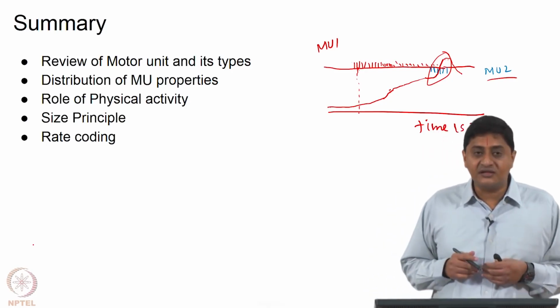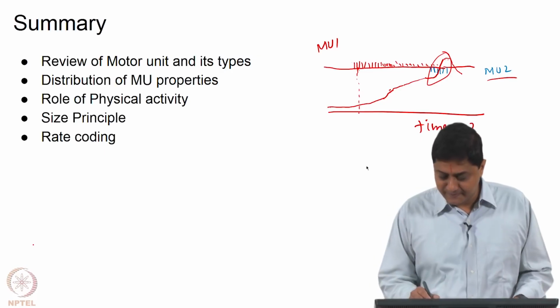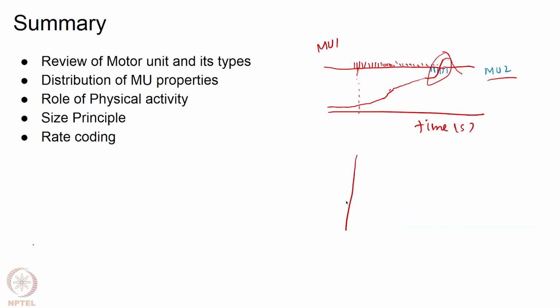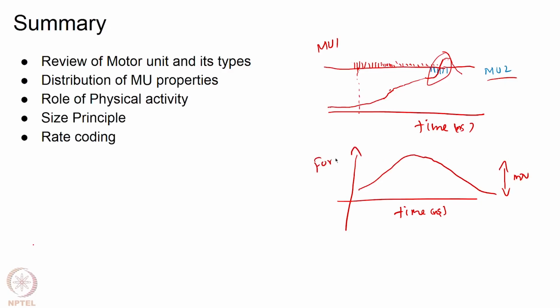Suppose I were to draw the responses of these two motor units. The response of motor unit 1, with time in milliseconds, not seconds. This is a slow motor unit that increases, reaches peak, and then dies down like that. The y axis is force, and the absolute force is in units of millinewtons for mu1.